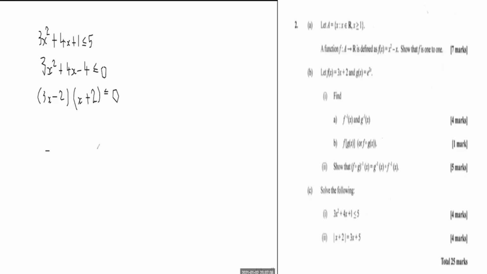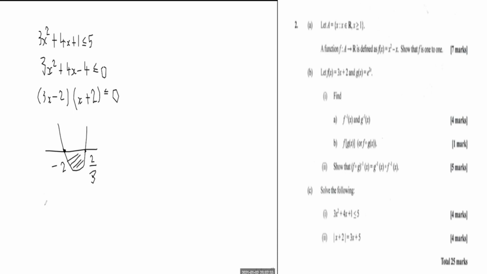So what I want you to do is sketch a graph to see what is happening. So the roots would be minus 2, and 3x minus 2 would be 2 over 3. Now, the portion of the graph they want is when the curve is less than or equal to 0. So that's down here.